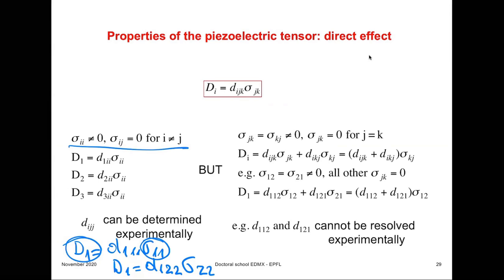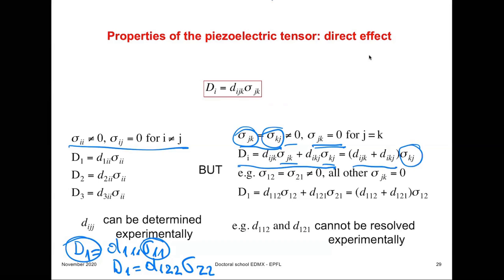However, if we now take the cases in which the shear components, where we know that this applies, are different from 0, and the other components are equal to 0, we get this. These two are equal, and we get that we have two different piezoelectric coefficients.